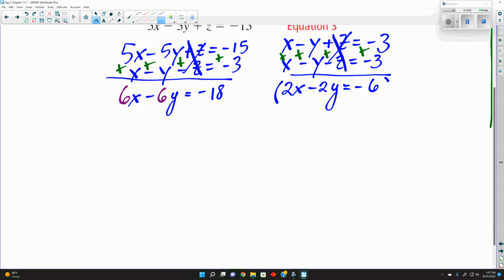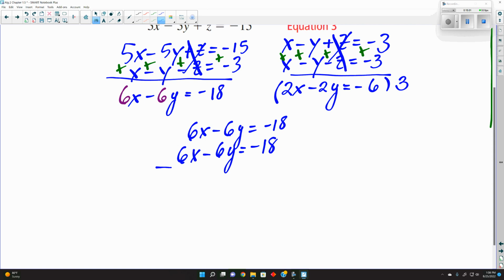Now what we can do next is multiply this by 3, because we have 6x minus 6y equals negative 18. 3 times 2x is 6x, 3 times negative 2y is negative 6y, and negative 6 times 3 is negative 18. And so if we subtract, 6x minus 6x is 0, negative 6y minus negative 6y is 0, and negative 18 minus negative 18 is 0. That's a true statement. So we get all real solutions. So that's another way we can see it.